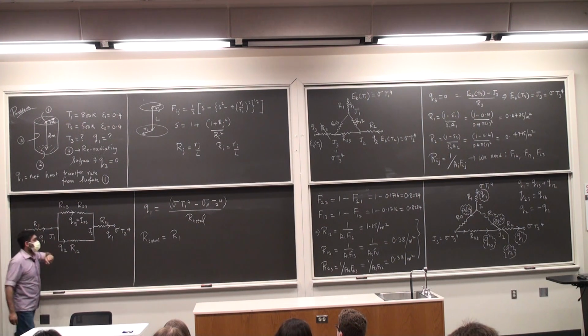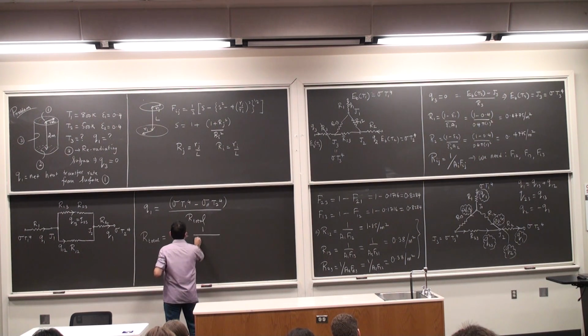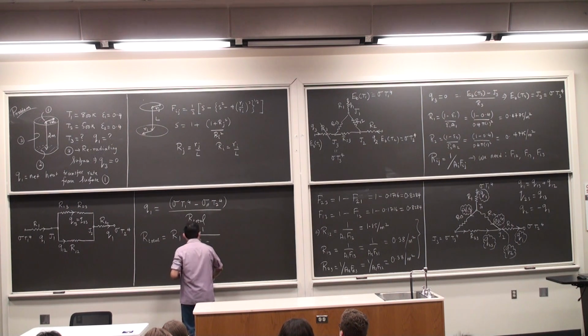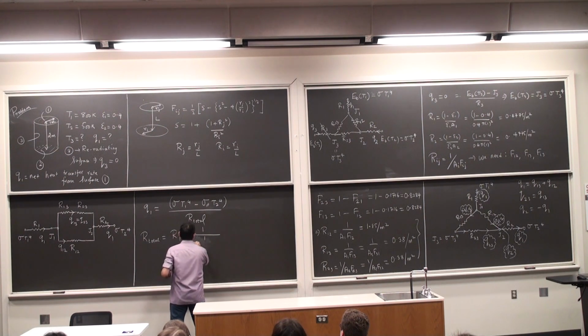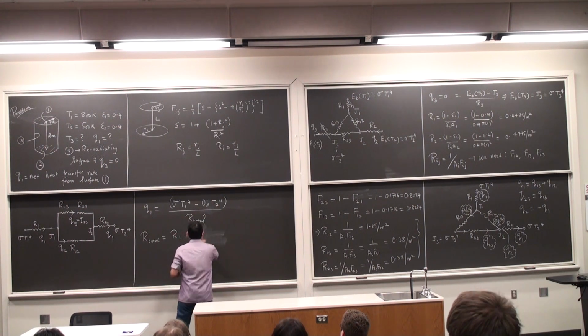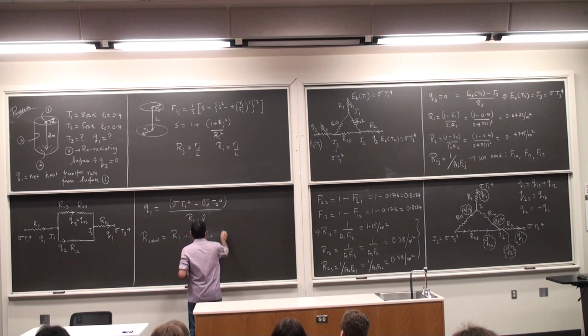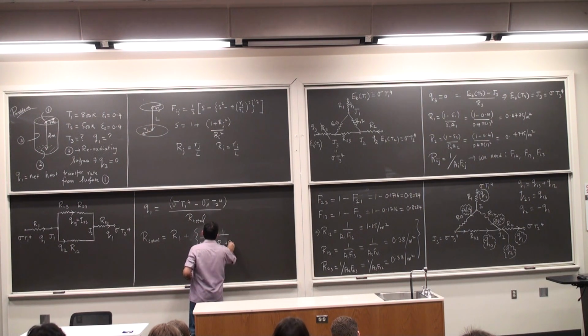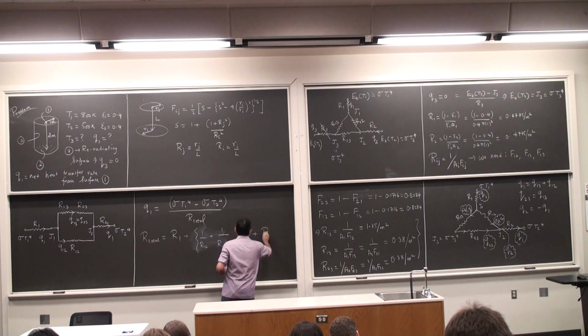So this is going to be the following: plus 1 divided by 1 by R12 plus, in parallel, R13 plus R23, the inverse, plus R2.